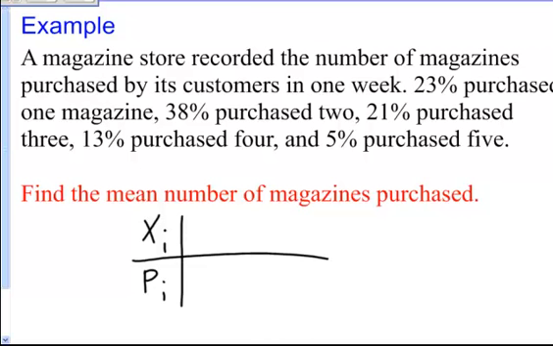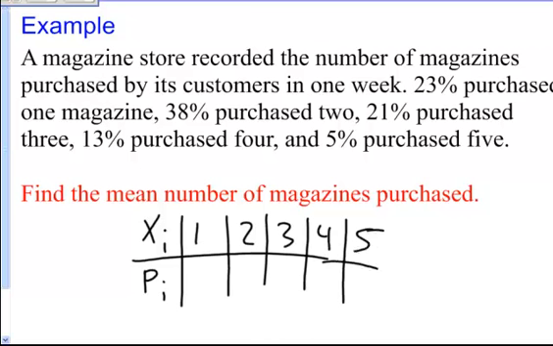The number of magazines that a customer came in and bought were 1, 2, 3, 4, and 5. 23% of the customers that bought magazines bought just 1. 38% of customers that bought magazines just bought 2. 21% of customers that bought magazines bought 3. 13% bought 4, and 5% bought 5. Okay?